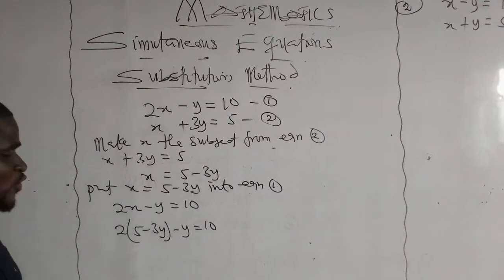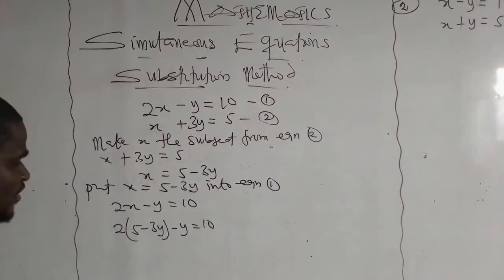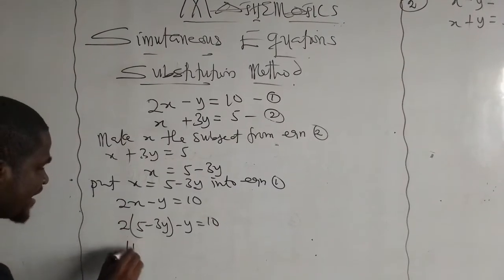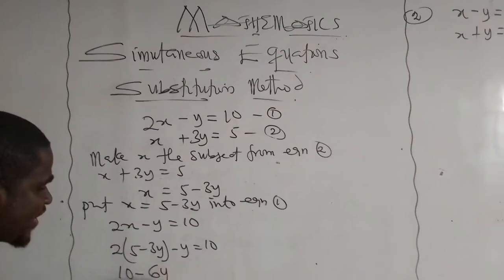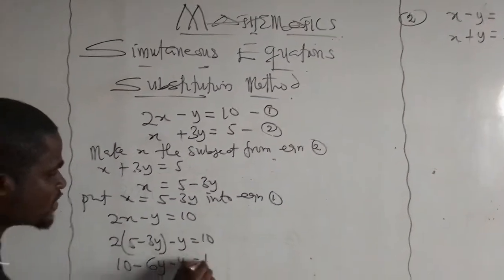So I have to remove my bracket. 2 times 5 gives me 10. 2 times negative 3y gives me negative 6y, minus y equals 10.